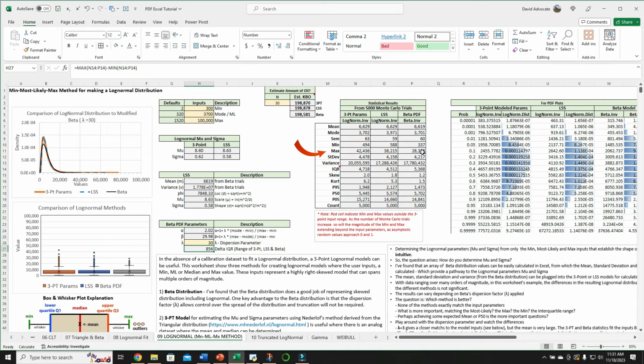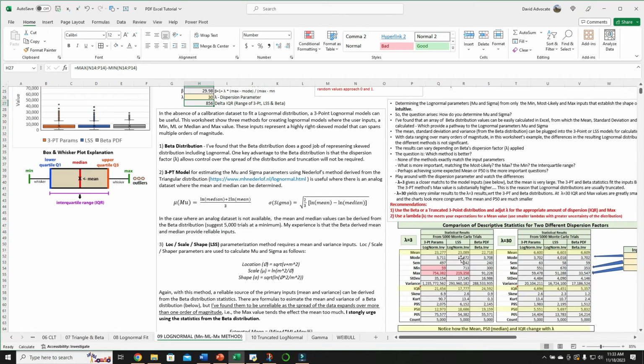And our maxes are all much smaller than our input here of 100,000. The IQRs are also much smaller. And the mean amount of oil is somewhere around 200,000 barrels now, where before it was around 650,000. So significant difference in the outcome of our estimated amount of oil based on the dispersion factor that we use.